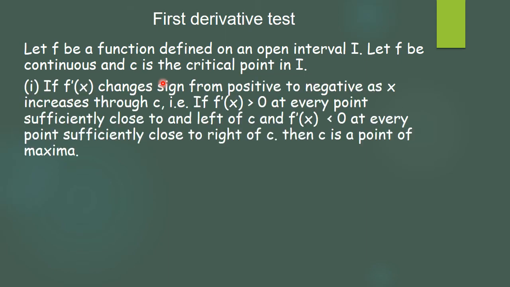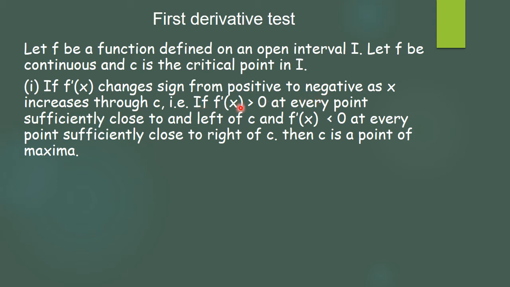Now there are three conditions. The first: if f dash of x changes sign from positive to negative as x increases through C. It means initially it was positive, so it was an increasing function, and next to C it has become negative, so it goes on as a decreasing function.